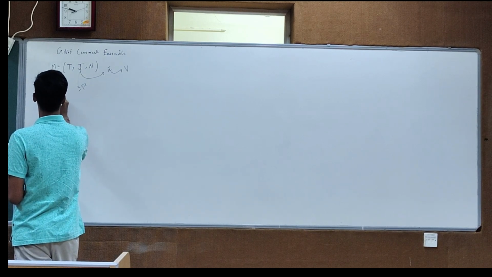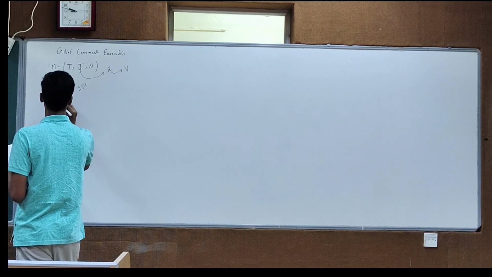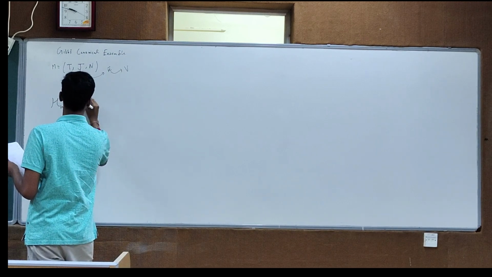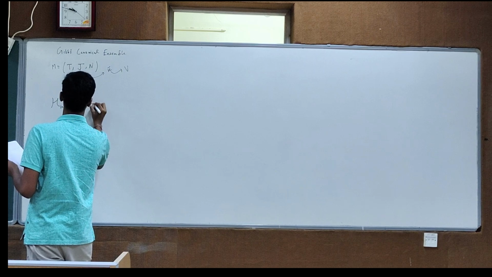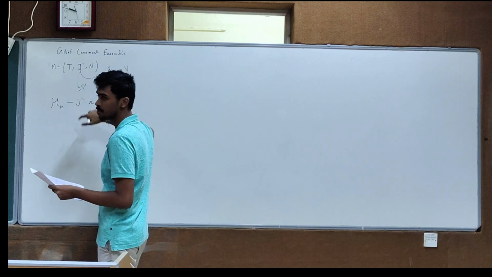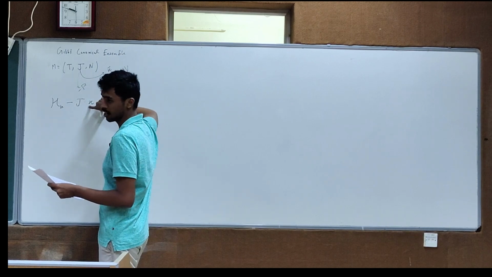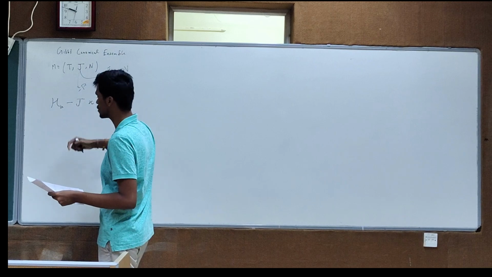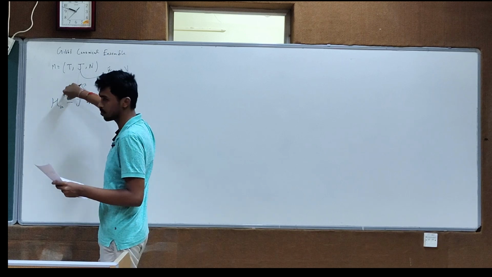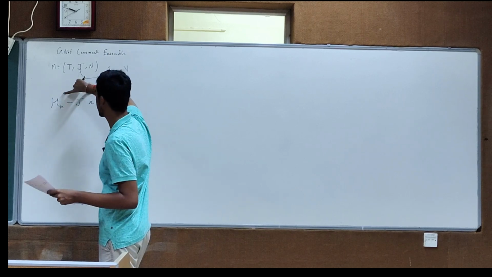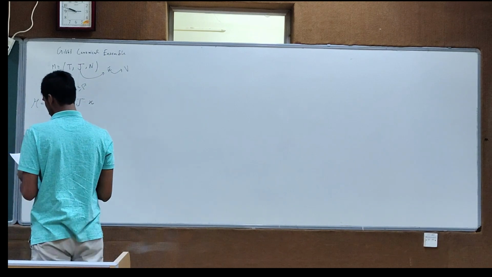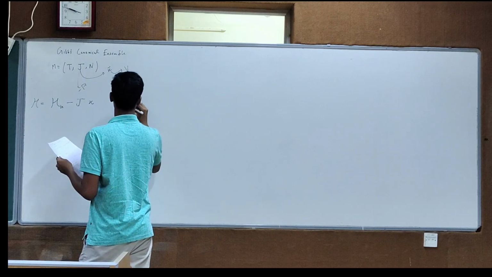In this case, your Hamiltonian would be H, the internal Hamiltonian without any forcing, minus J X. This is the amount of work done by the system on the force to get to the value of X, and so you have to subtract this amount of work from the internal Hamiltonian. This would be the new Hamiltonian for the system, and so your probability distribution would be this.